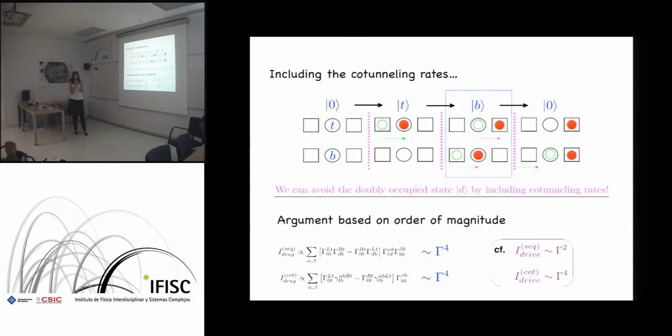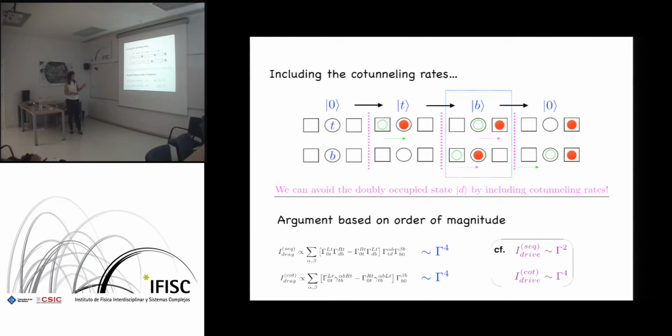So then, in that case, we are allowing cotunneling events, and we can have the same sequence as before, from 0 to 0, but without having this doubly occupied state, because here we can just put 1 electron to the top, and then the top electron can go to the right, and simultaneously 1 electron can go to the bottom dot.